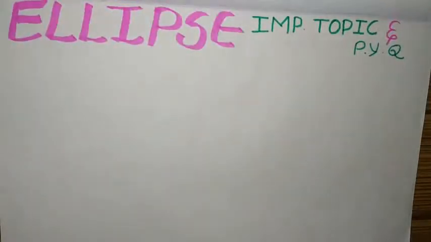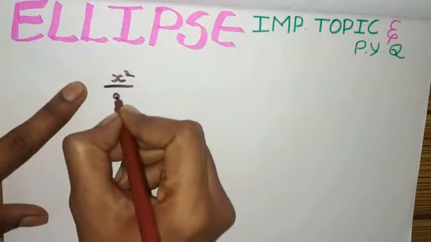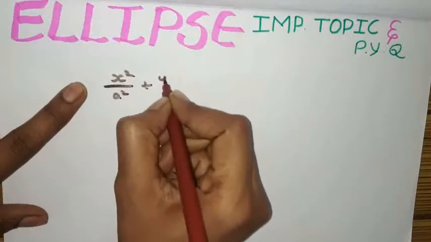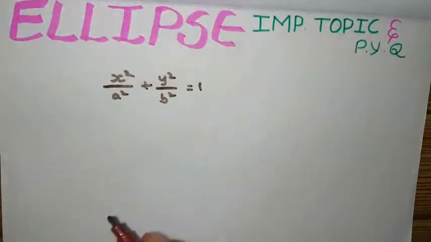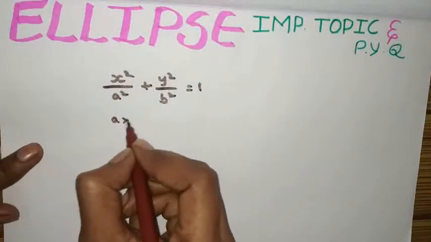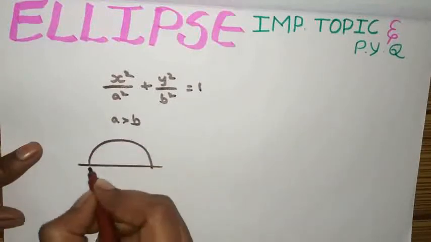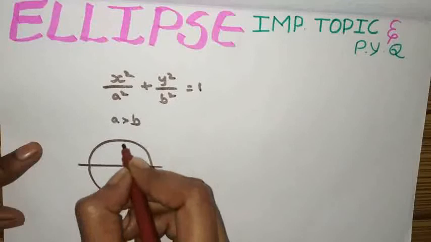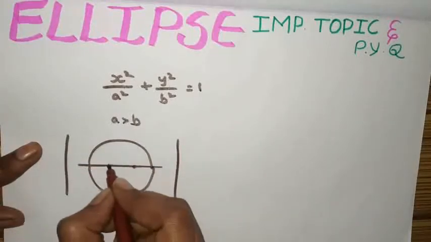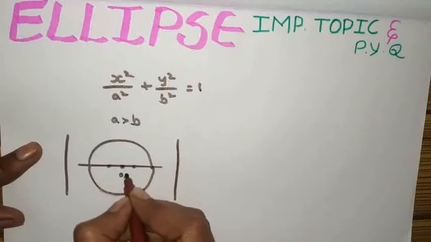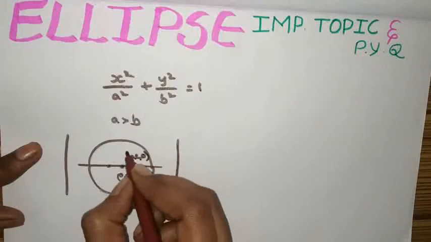See, ellipse. The ellipse equation is x square by a square plus y square by b square is equal to 1. And what is the diagram of the ellipse? If a is greater than b, then the diagram will be like this. This is a directrix and this is the center (0, 0), and this is called focus (ae, 0).